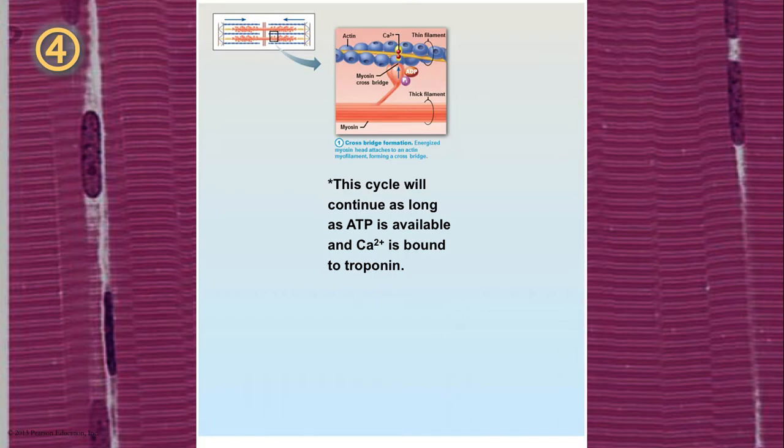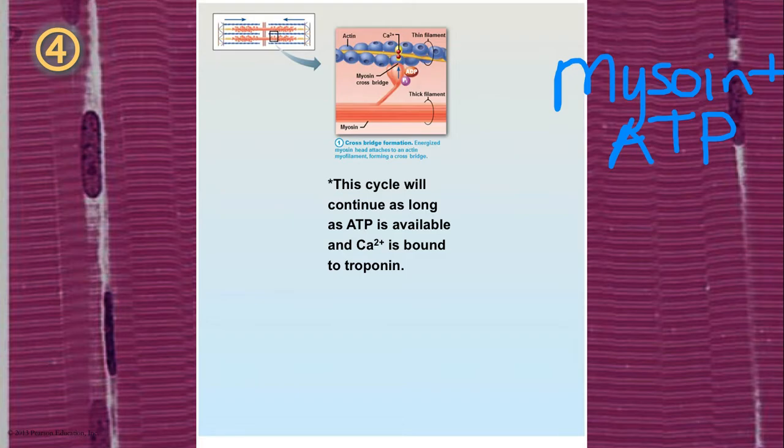Okay? All right. So, one thing, I'm going to write it over here on the side of the screen, that we need to remember that will make this process make more sense is when myosin is bound to ATP, so myosin plus ATP, he will not stick to actin.